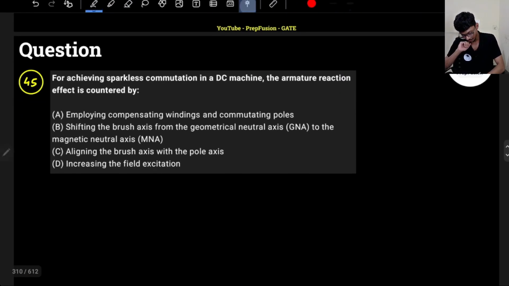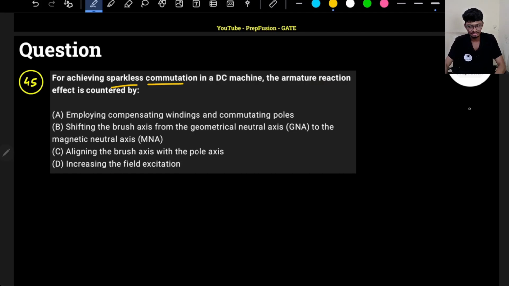For achieving sparkless commutation in a DC machine, the armature reaction effect is countered by employing compensating windings and commutating poles, shifting brush axis from the GNA to the MNA, aligning brush axis with the pole axis, or increasing field excitation. They are asking which counteracts the armature reaction. If I shift my brush from GNA to MNA, it solves the problem of commutation, but does it solve the problem of armature reaction? No. So sparkless commutation is correct, but the armature reaction effect is not countered.